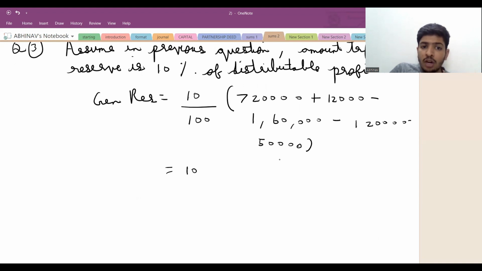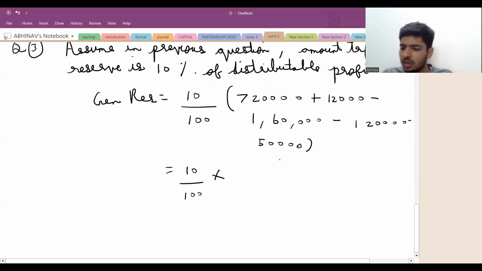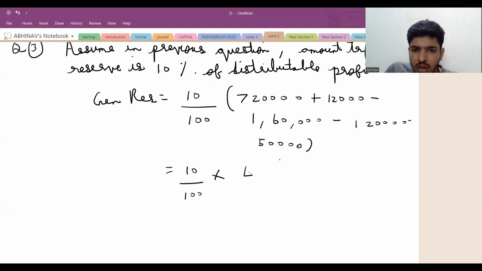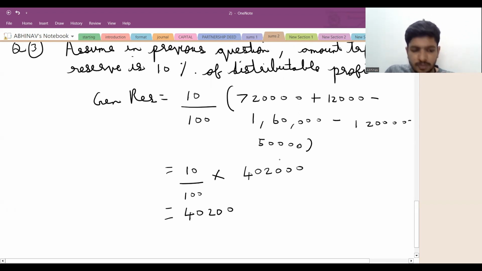So, wait, I have not even explained it yet. So, this essentially means 10 percentage of: calculate 7,20,000 plus 12,000 minus 1,60,000 minus 1,20,000 minus 50,000. It is 4,02,000. So it's 40,200. This is the final answer.